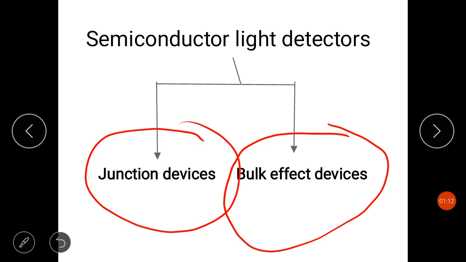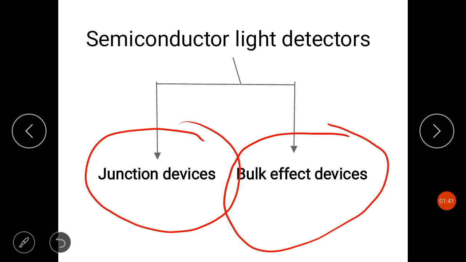When a junction device is operated in photoconductive mode, that is, when it is used in such a way that it converts light into electrical energy, then junction devices need to utilize the reverse characteristic of a PN junction diode, that is, the reverse biased characteristic. Only then will junction devices operate in photoconductive mode.